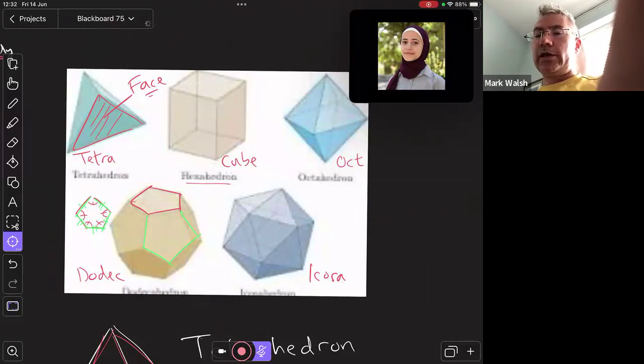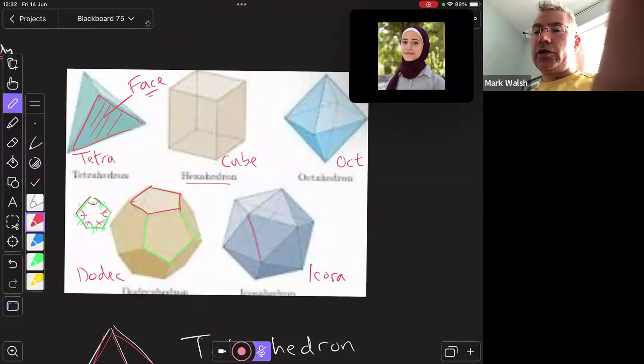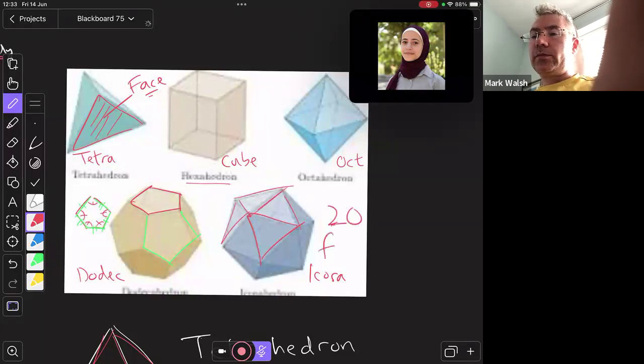It would take me too long to draw, but this is the icosahedron. And hopefully you can see you have lots of triangles here. This has 20 triangles, 20 faces. Okay, so 20 triangles.